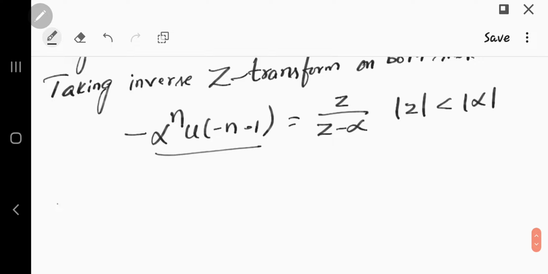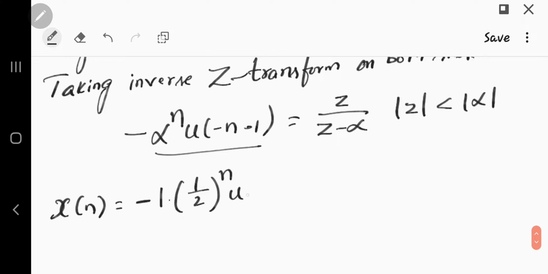So therefore, x of n is equal to, the coefficient is 1 here, so minus 1 into, in place of alpha we have 1 by 2 to the power of n, u of minus n minus 1, plus this minus 1 is the value of k2, and 1 by 4 to the power of n is there.